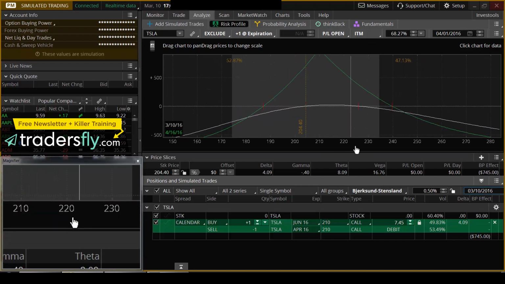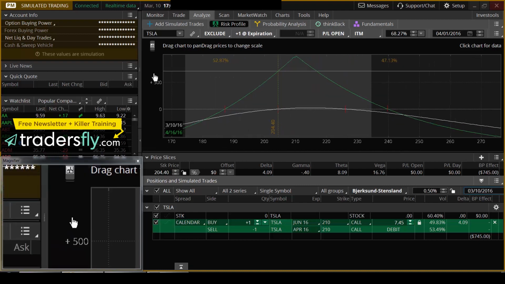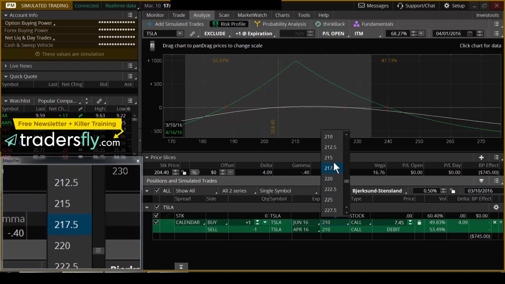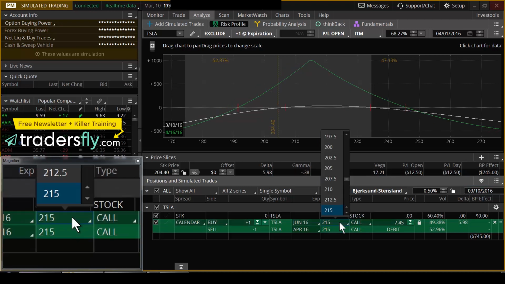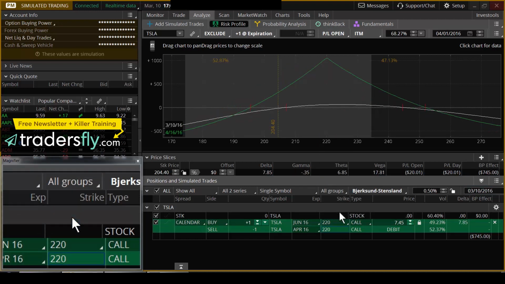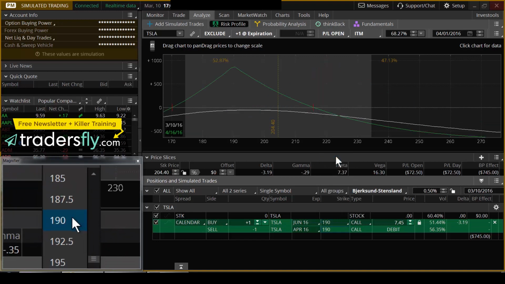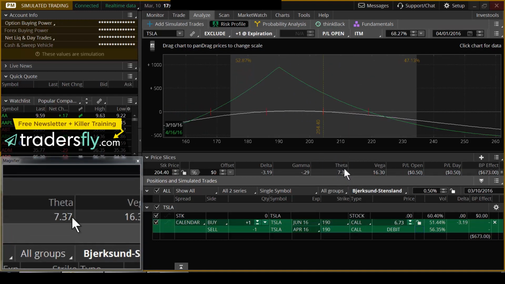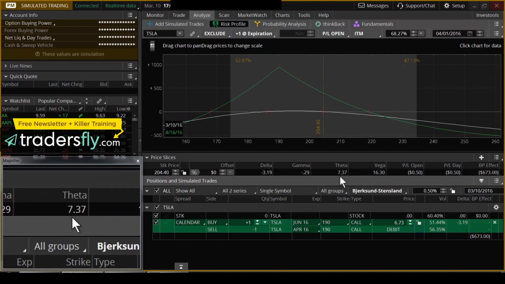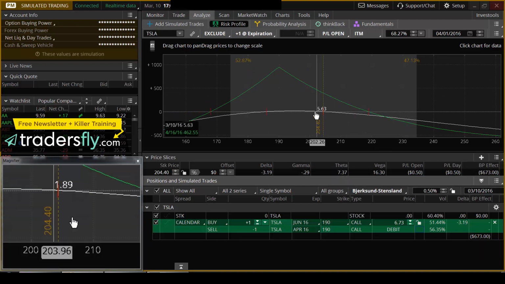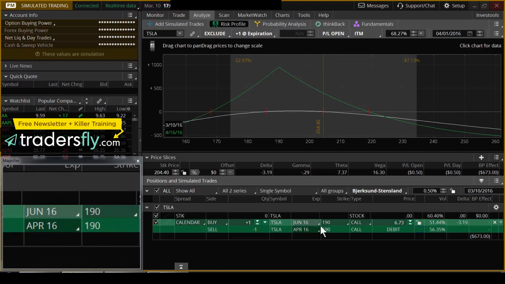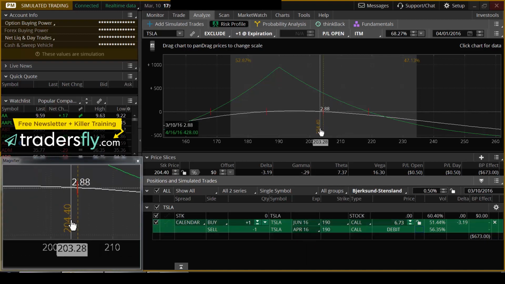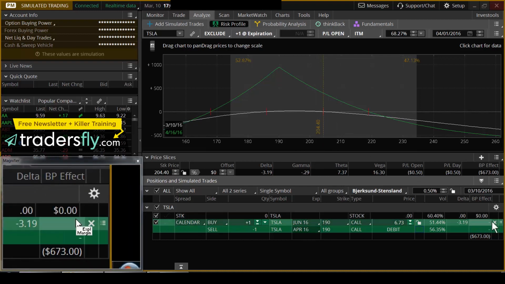So this trade right here would be more like what you're starting out with, and you just start with a calendar. Now, as you change your strike prices, you can shift that calendar a little to the right if you want, or a little to the left. The point being is that you're theta positive on these trades, and you're making money from the decay of the options you're selling in the near month, and you bought the protection in the further out month. So this is another way to trade it.